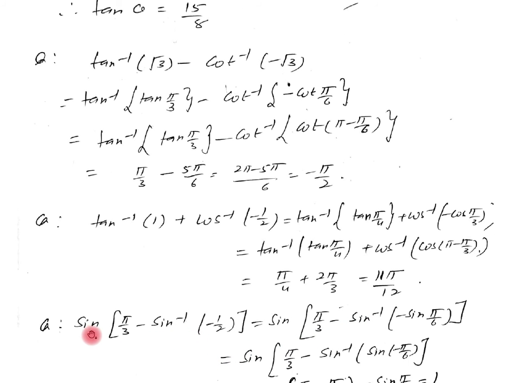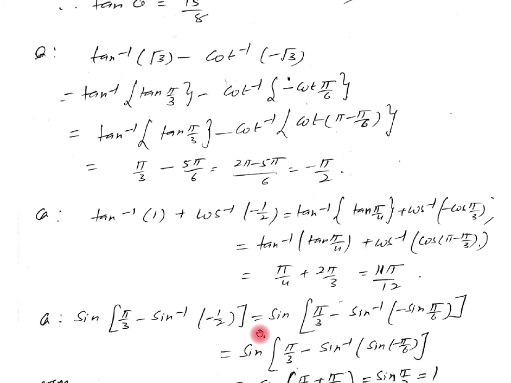Now again we have to find out sin of pi by 3 minus sin inverse of minus 1 by 2. Let us keep sin pi by 3 as it is. Again sin inverse of minus 1 by 2 can be written as sin inverse of minus sin pi by 6. Now the range of sine inverse function is closed interval minus pi by 2 to pi by 2.